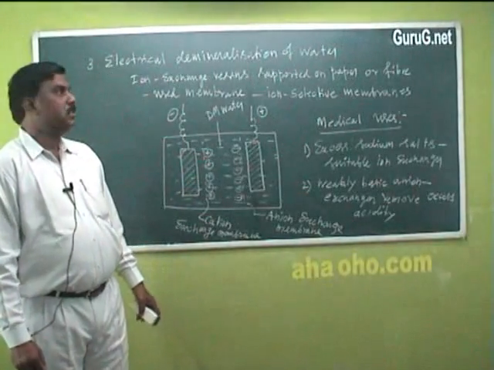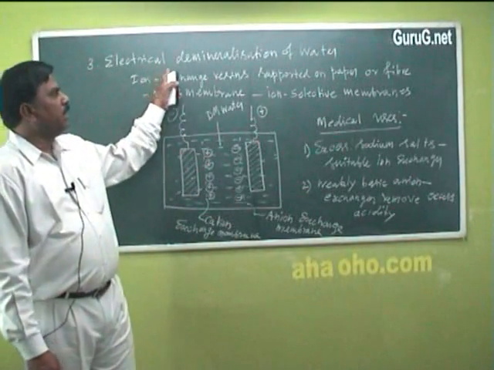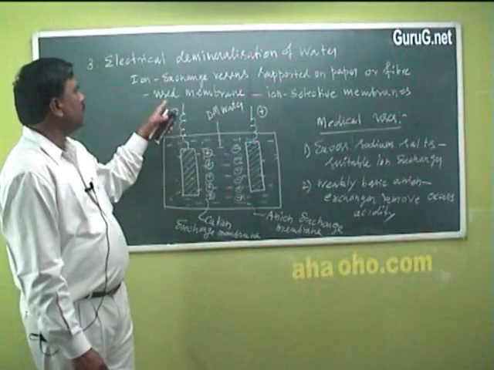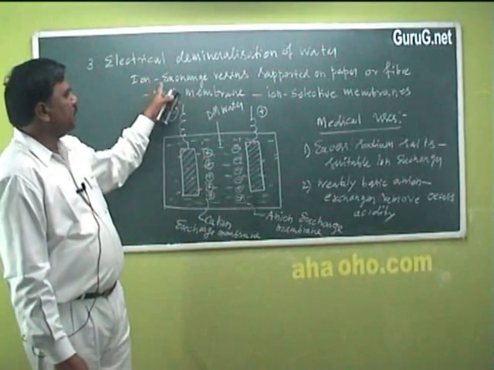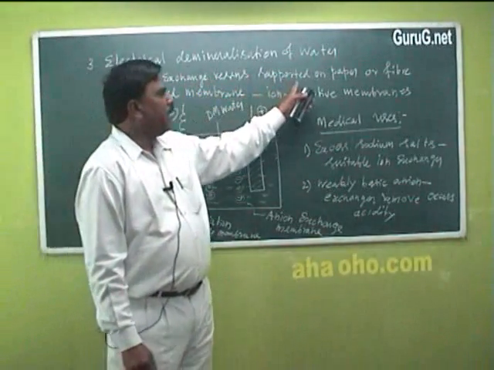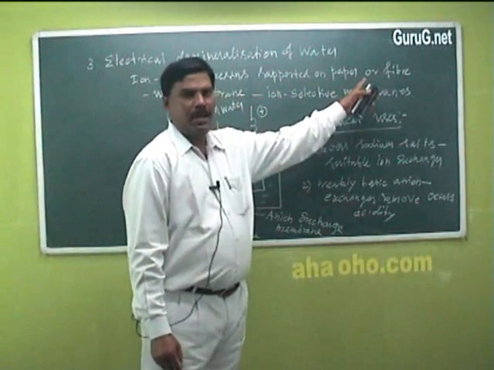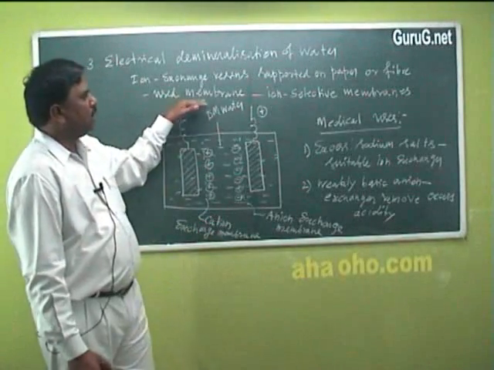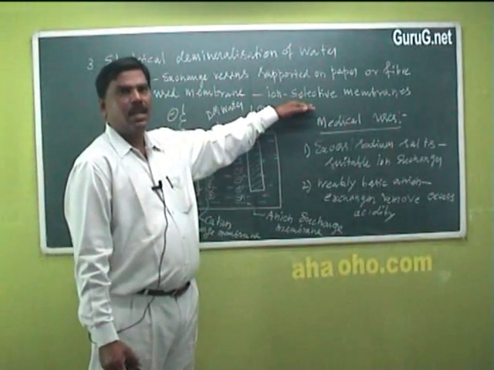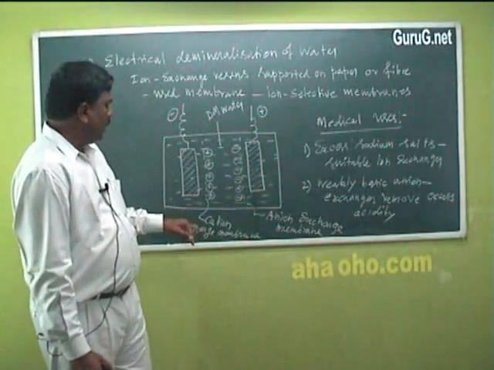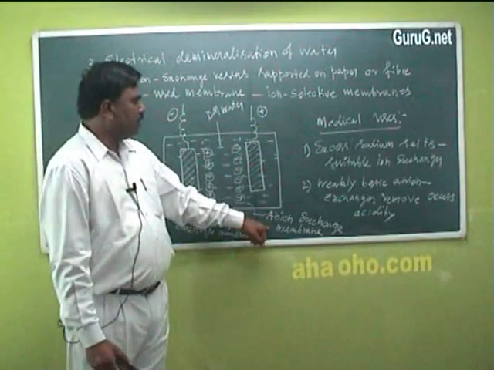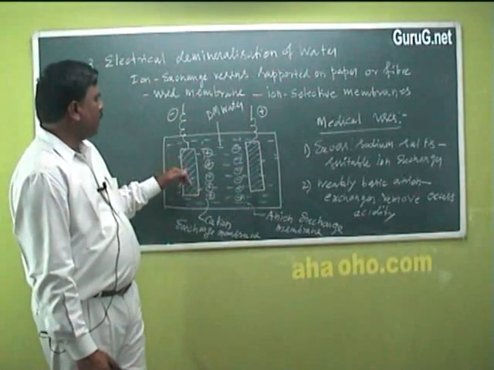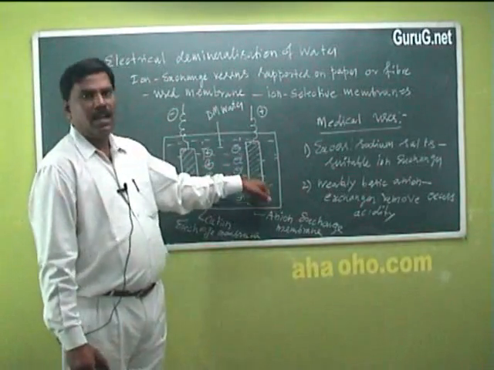The next water purification method is electrical demineralization of water. Here, ion exchange resins supported by paper or fiber are used as ion selective membranes, that is cation exchange membrane and anion exchange membrane, placed near the electrodes, that is cathode and anode.